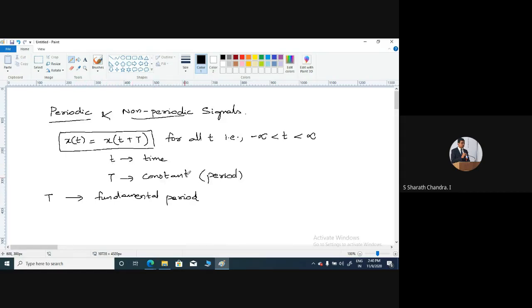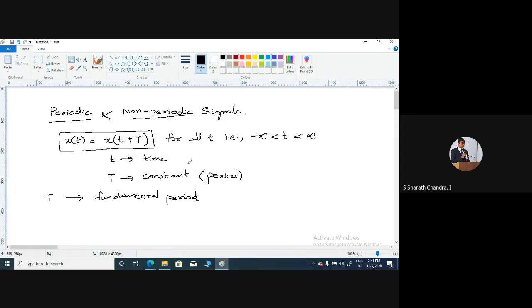A signal is said to be an aperiodic signal if the above condition is not satisfied even for one value of t. Even for any particular value of t, if it is not satisfied, then this signal x of t is called an aperiodic signal.